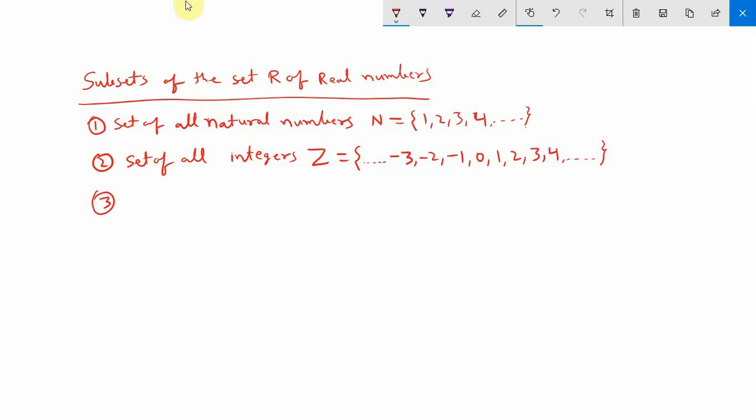Third subset of real numbers is the set of all rational numbers.